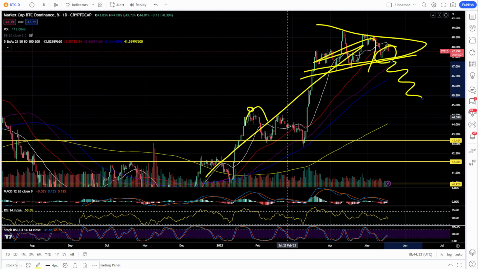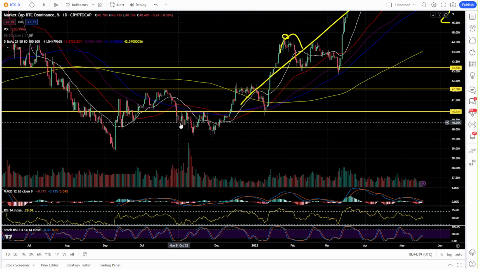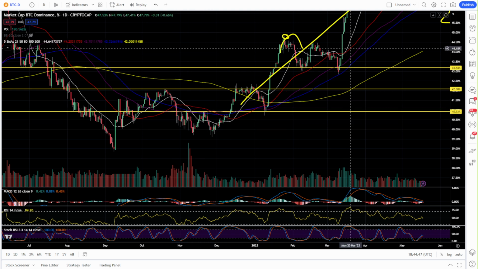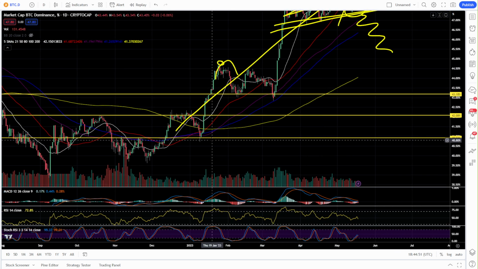It helps you time the moves. Anytime I see this double bottom down here, and I've talked about it multiple times, you're looking for this upside, it won't be pretty for a lot of the altcoins. Now, if Bitcoin takes off, it's still going to drag the altcoins higher.